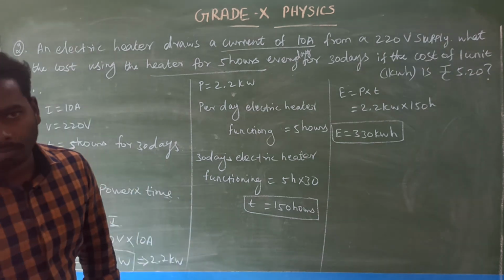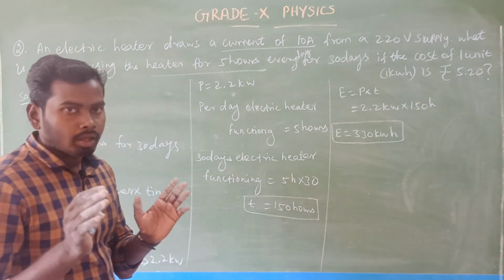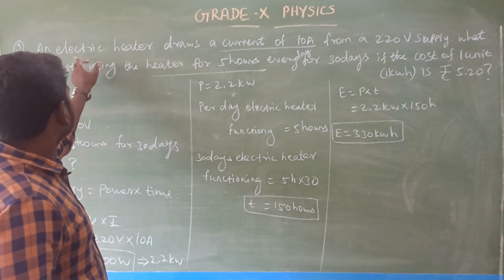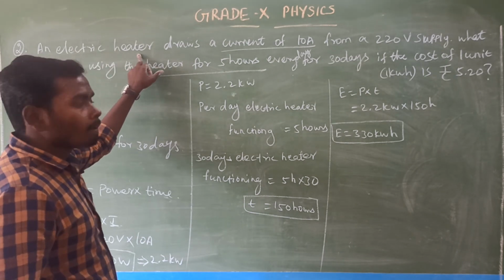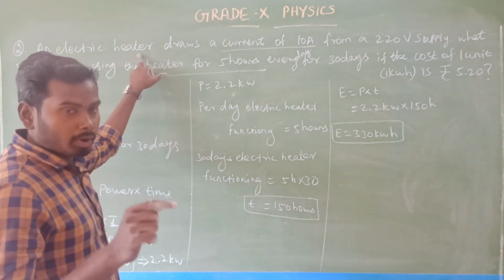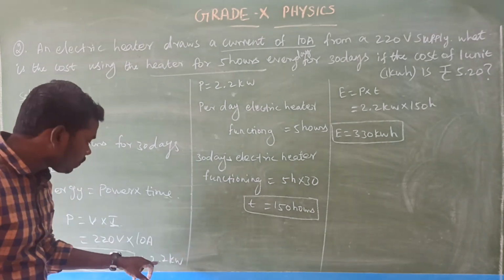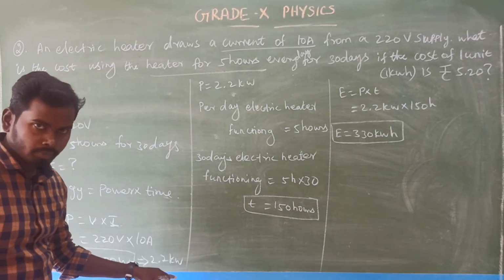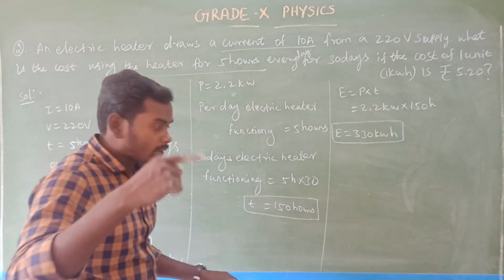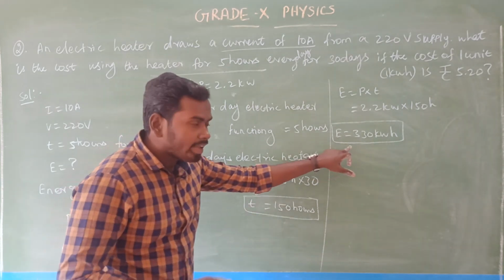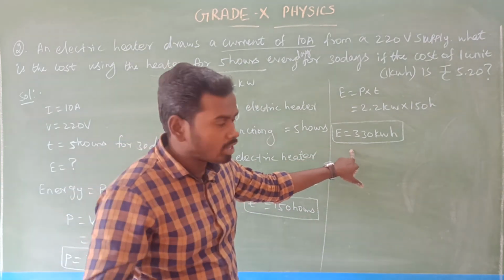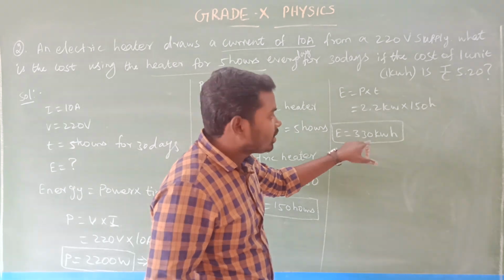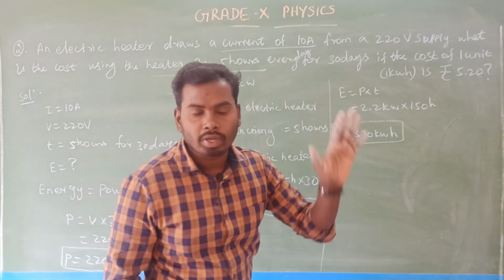330 kilowatt hour. Look at here, if the electric heater having the power rate of 2.2 kilowatt is used for 150 hours, it will consume 330 kilowatt hour amount of energy.